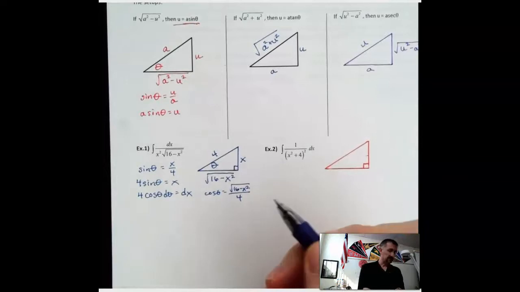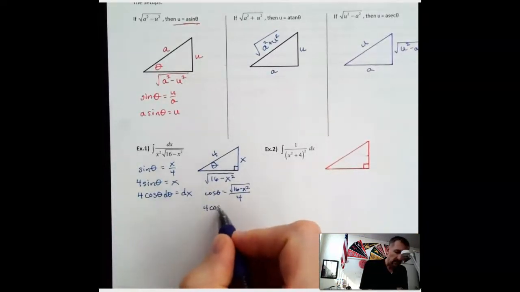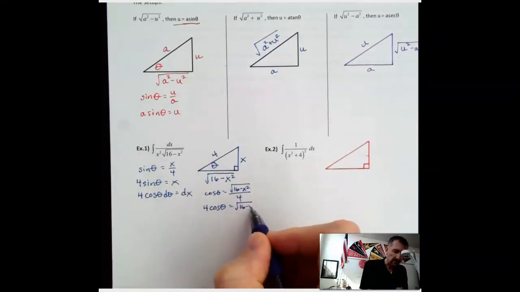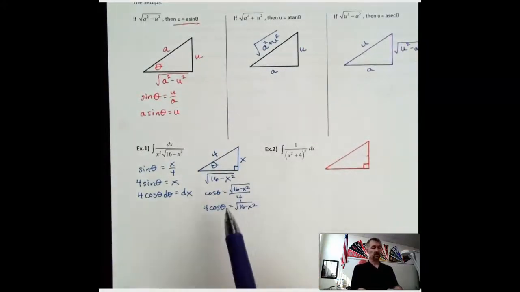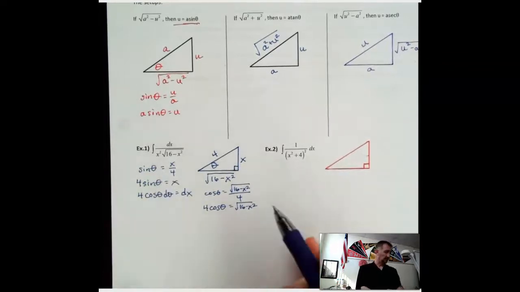And so that's going to be 4 cosine theta equals that. So what that's allowed us to do by drawing that triangle and looking at the trig functions is now we can substitute out all three of those things.